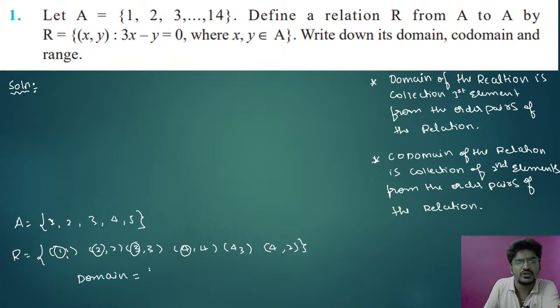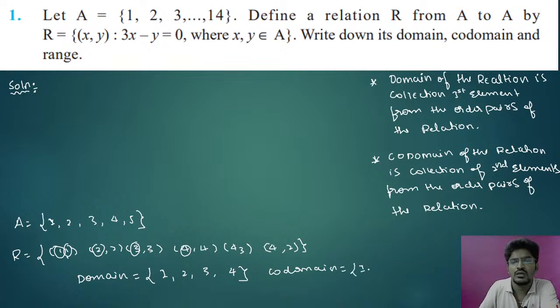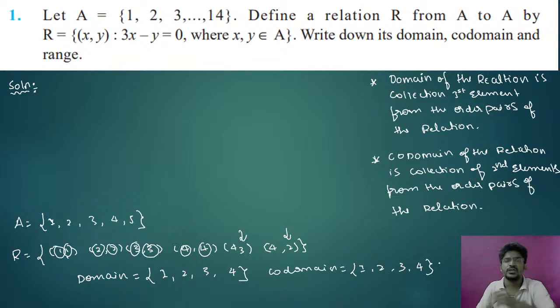So the domain is the set {1, 2, 3, 4}. Now for the codomain, it is the collection of second elements: 1, 2, 3, and 4. Here 3 is repeated again, so don't write the repeated elements. 2 is repeated again, don't write the repeated elements.